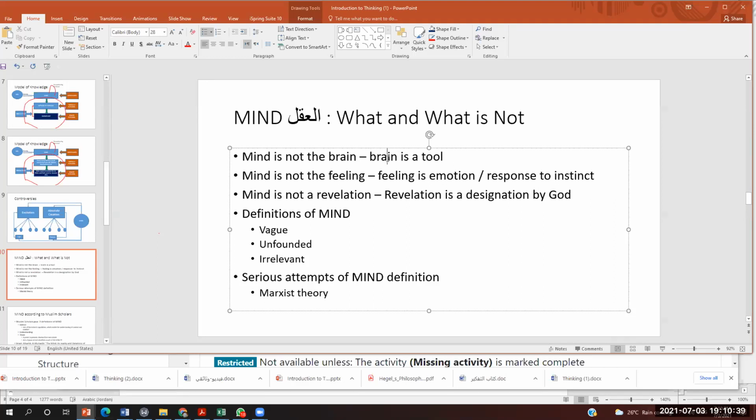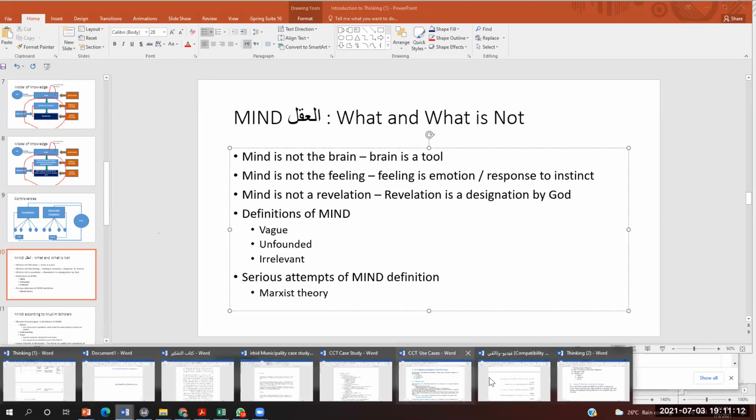So the brain itself is not the mind. Also, we know that animals have brains, but we recognize that animals do not think. They can respond to events, but they cannot produce thoughts. Similarly, instinct is a different definition. We will go into that at some point. The difference between thinking versus reasoning is, in fact, in my syllabus, I believe.